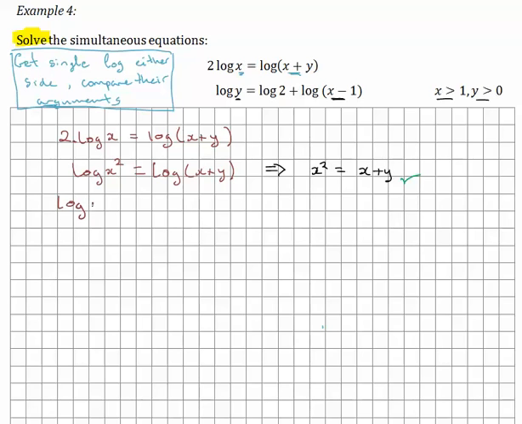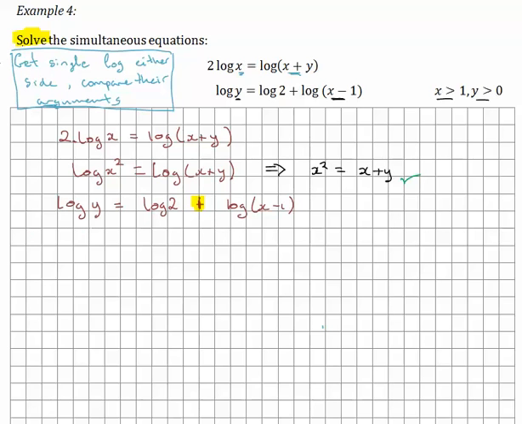So log of y equals log of 2 plus log of x minus 1. This time the problem is on the right hand side of the equation. There's a plus and there are 2 logs, remember, of the same base. So log of y is equal to log of 2 plus log of x minus 1.